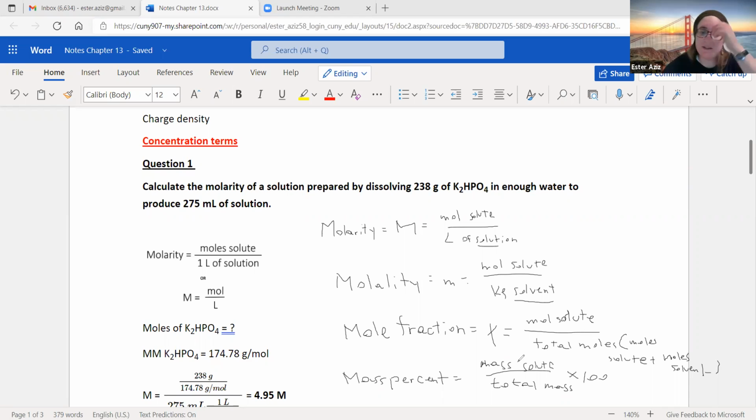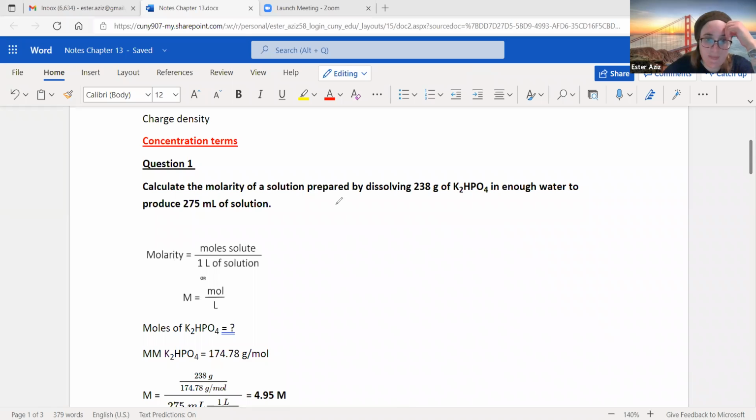Okay, so there are also other expressions. There are parts per million or parts per billion. That also depends on whether it's by mass or by volume. So for example, parts per million, let's say it's by mass. Let me erase here and write it again, because it might get confusing.